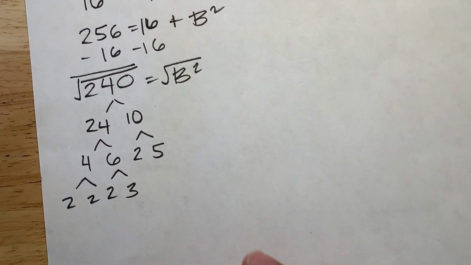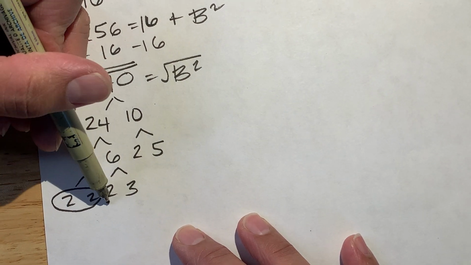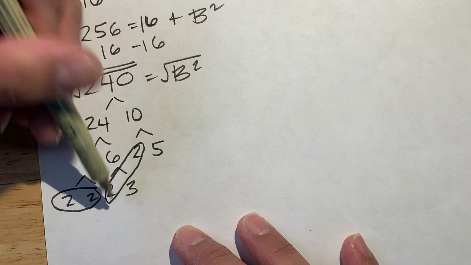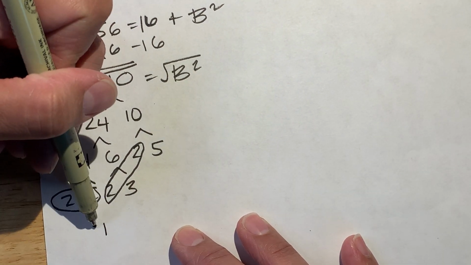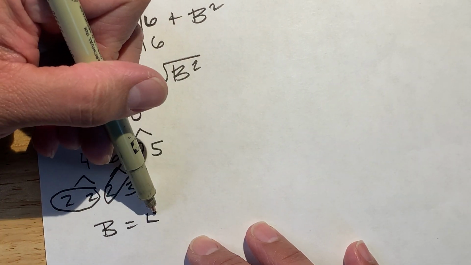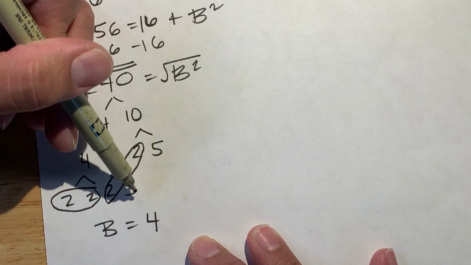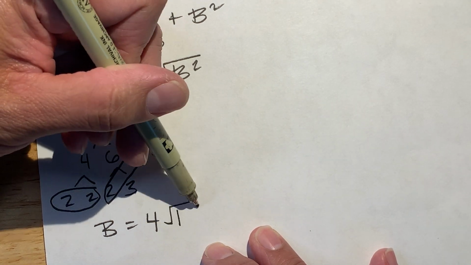So I'm going to circle my pairs. I have a pair of 2s and I have another pair of 2s. So the square root of 240, so our b, is 2 times 2, which is 4. And our leftover is 3 times 5, which is 15.